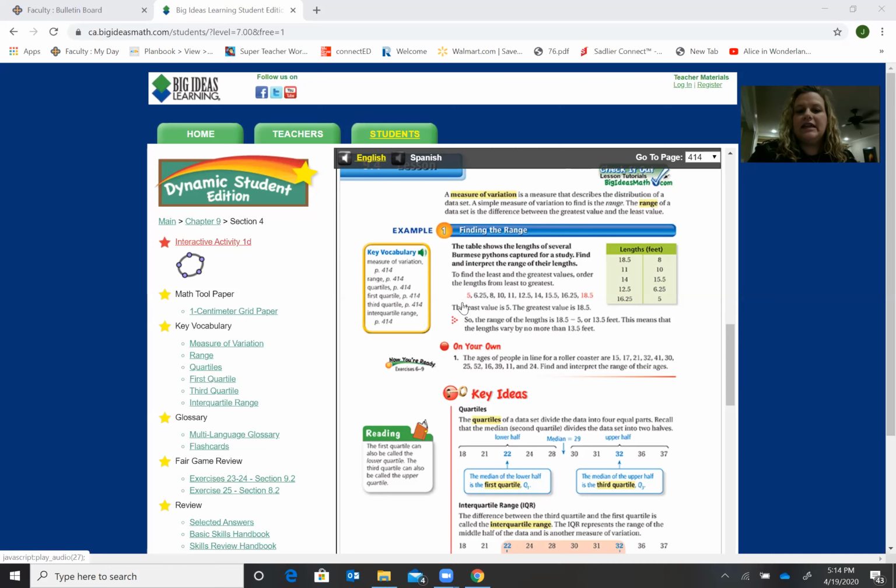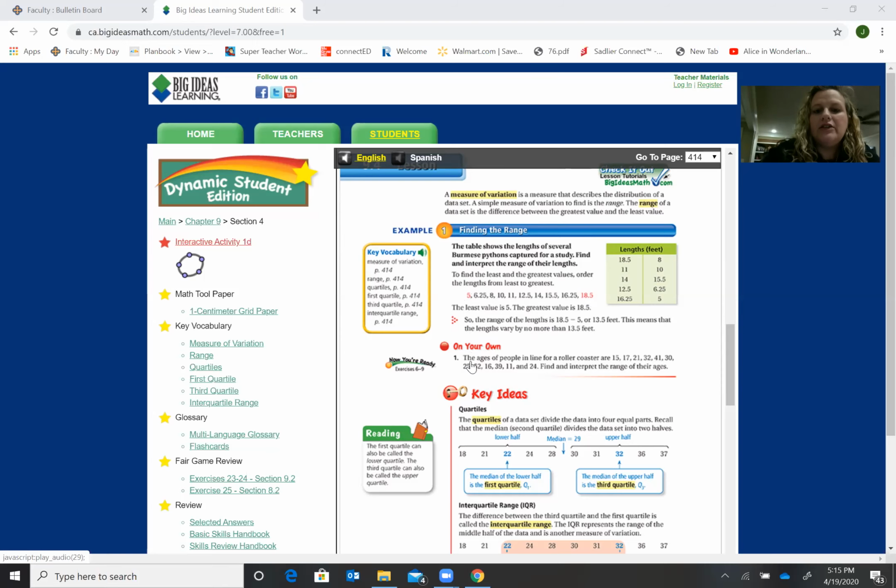It means that the difference in any two given numbers can never be greater than 13.5. The lengths are never going to vary by more than 13.5 because that is the greatest distance from the least to the greatest. So take the greatest, subtract the least, that's your range.